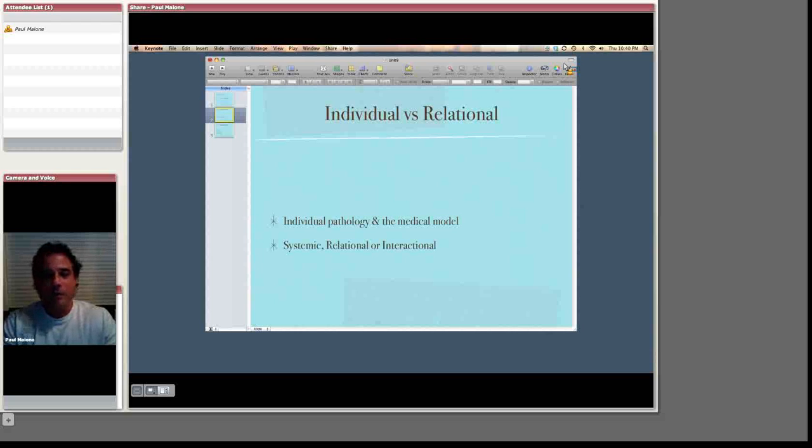This would be psychodynamic, cognitive behavioral, humanistic, even, which has some individual pathology, versus the systemically informed models: structural, strategic, MRI, solution focused, narrative.